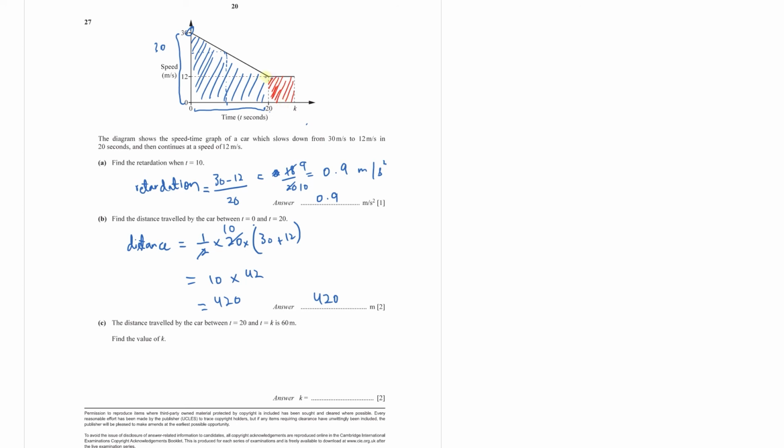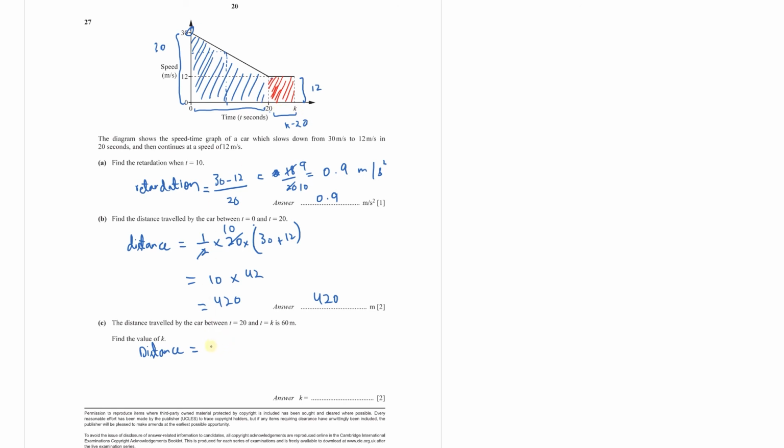So since this is a rectangle, distance equals to area under the graph. So your height is 12 and your width is k minus 20, right?